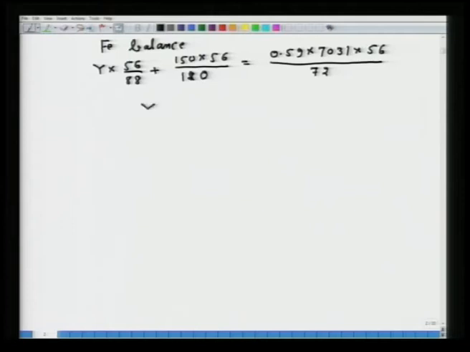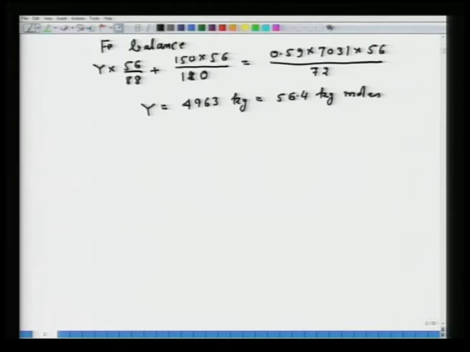So, y is equal to 4963 kg, that is equal to 56.4 kg moles.